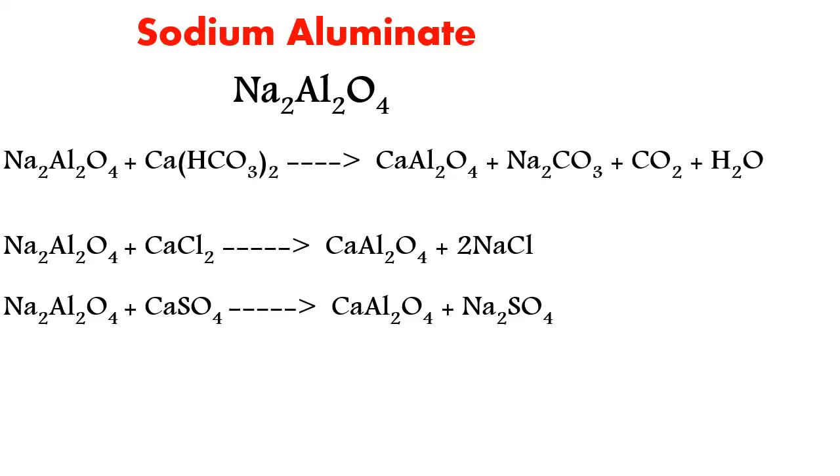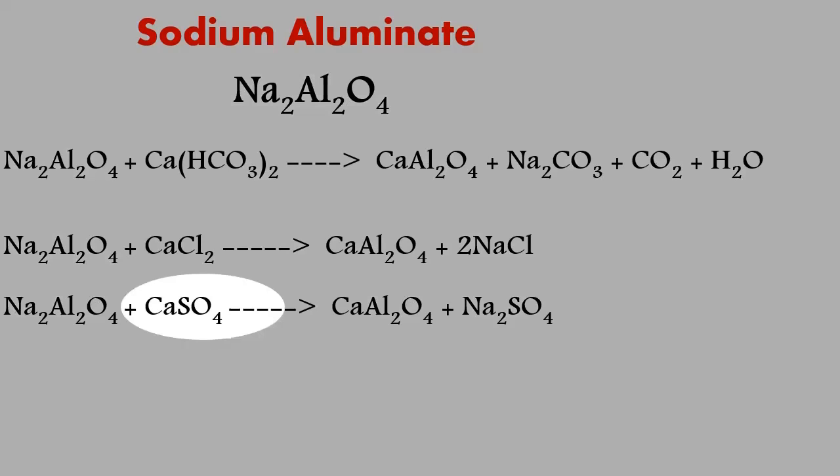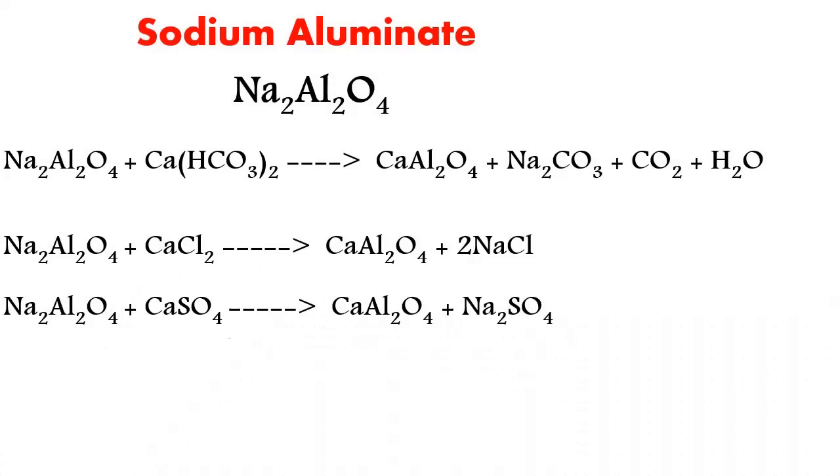One more advantage here is, if there is any permanent hardness like CaSO4, it will react with the permanent hardness and produce a floc, as well as decrease the permanent and temporary hardness. Therefore, sodium aluminate is a very good coagulant. The positive compared to alum is that it doesn't require alkalinity and it reduces permanent and temporary hardness.